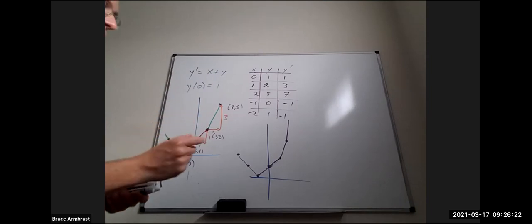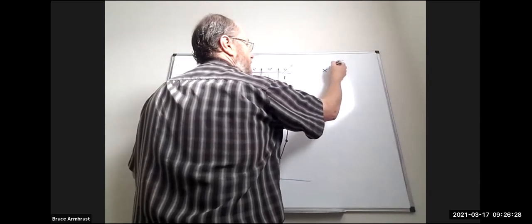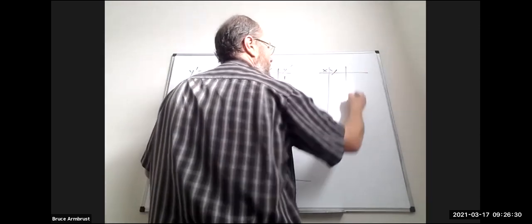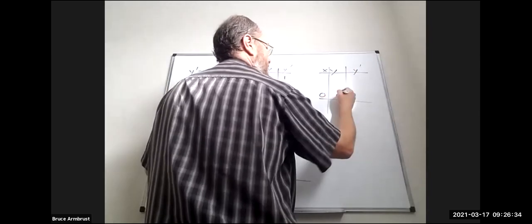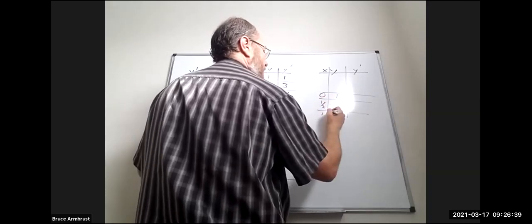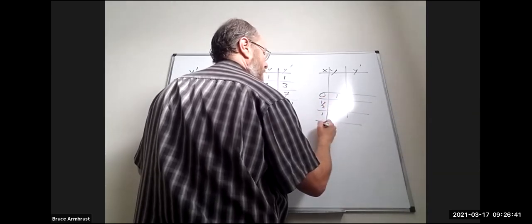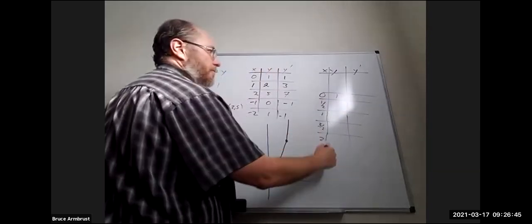Let's make it so that we take steps of 1/2 instead of 1. All right, so we're going to make our little t-chart here again. And we're again going to start at 0, 1. But now let's take steps of just 1/2.